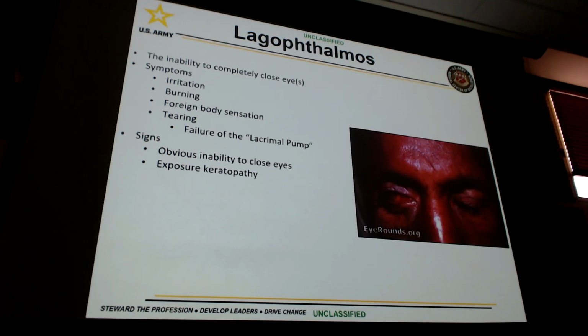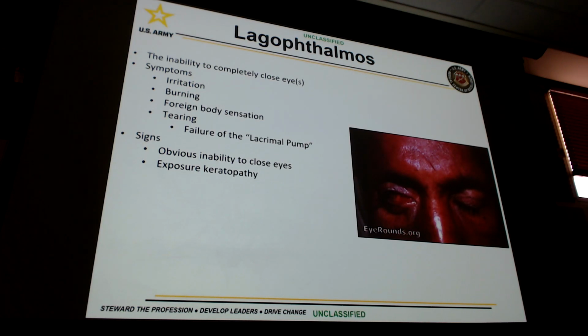And if you don't have the lids acting as that squeegee, then the brain is going to constantly get a signal from the cornea that it's dry. And it's going to trigger the lacrimal gland to pump tears onto that eye. And those tears are pretty poor quality tears, and they're just going to stream down the patient's face. So that's why tearing is a symptom of lag ophthalmos. Okay?